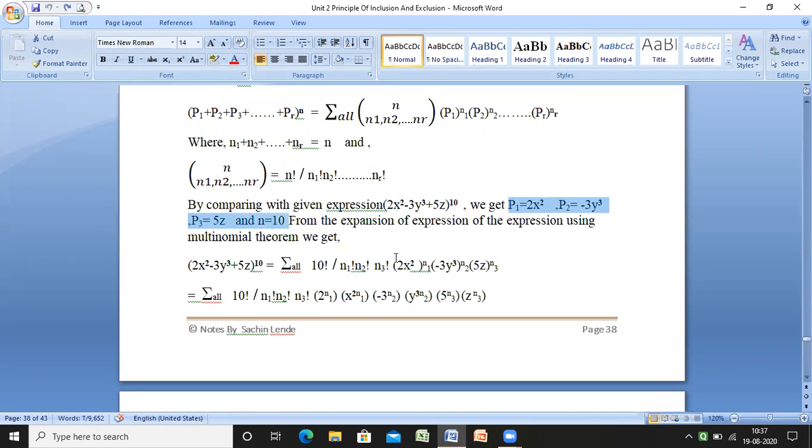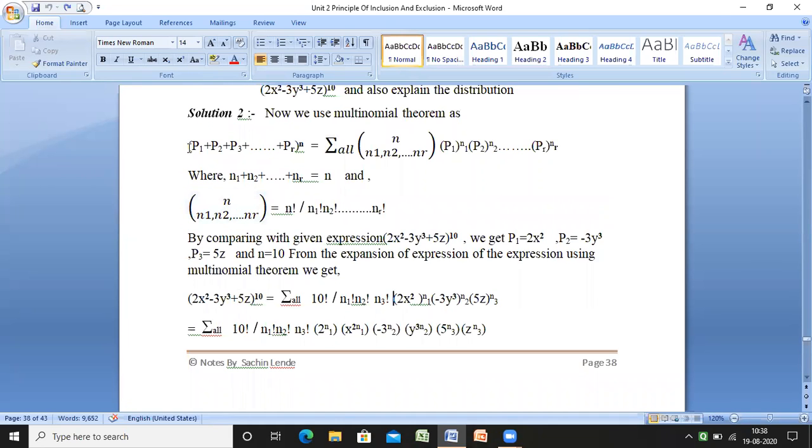Now the expression (2x square minus 3y cube plus 5z) raised to power 10 can be stated with the help of the multinomial theorem, raised to power n, which means power 10.